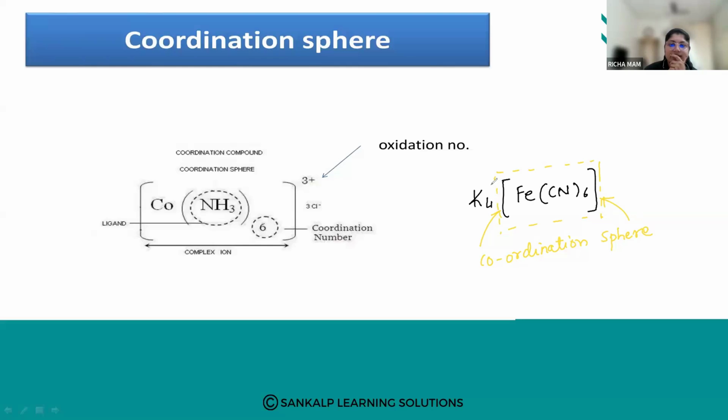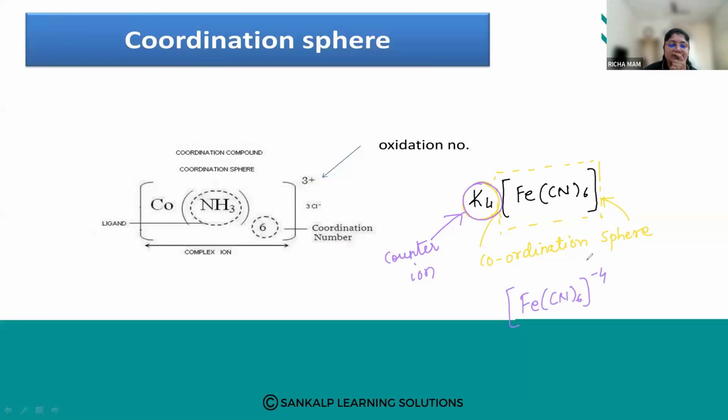And this K4, what is written here? This is a counter ion. So this can also be written as [Fe(CN)6]4-.